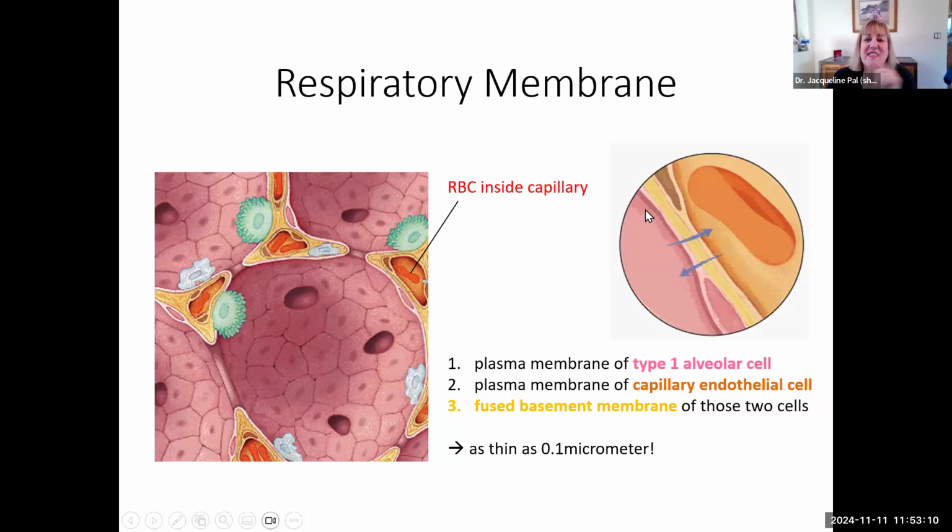So this is the thinnest membrane in your entire body. It's as thin as 0.1 micrometer. Pretty dang amazing, isn't it? And so this is really going to promote rapid gas movement across this membrane.